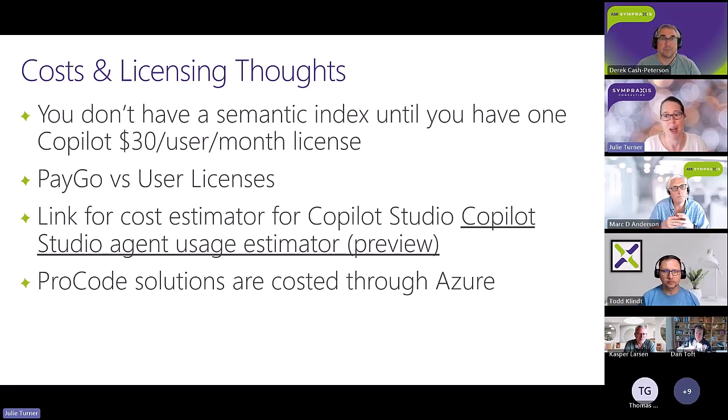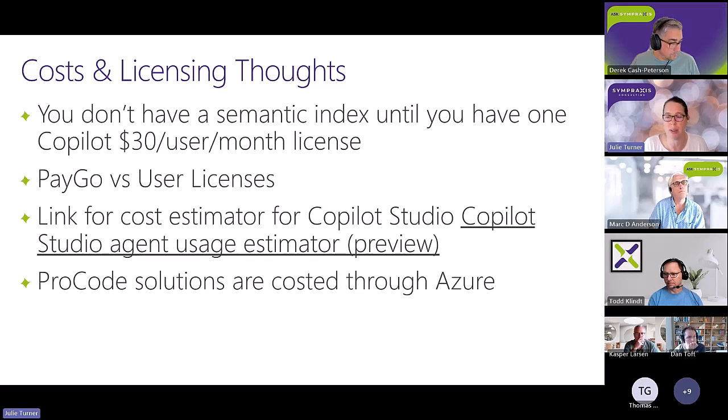I have no idea how you could check if the semantic index exists or not, but I know that if you have one license, you should have it. And then you can turn on pay-go, and then other people can use the agents that you build, and essentially they will have the ability to use Copilot, but you'll be charged in consumption versus being charged on a per user per month basis.